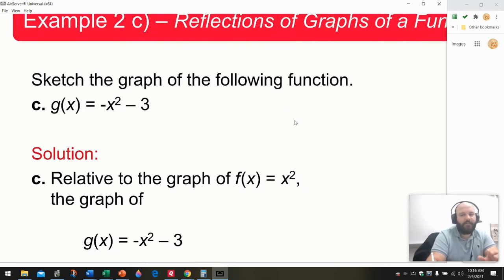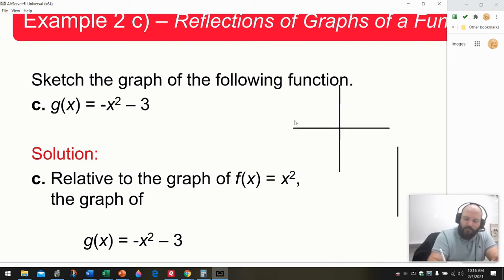And you can see these negatives get really tricky because it's tricky to know whether they are inside or outside of the function. So our last one that we're going to look at, you can see, is negative x squared minus 3. That negative is outside of the function. And the way that you can tell that is if you had a set of parentheses, the negative would be inside.